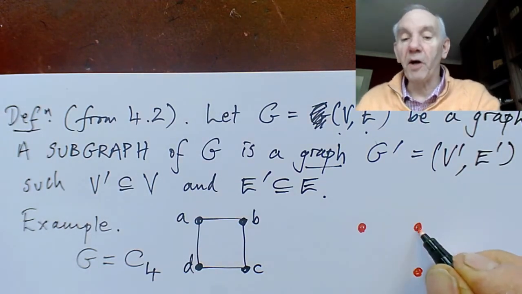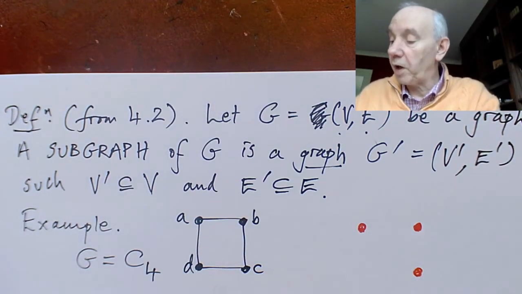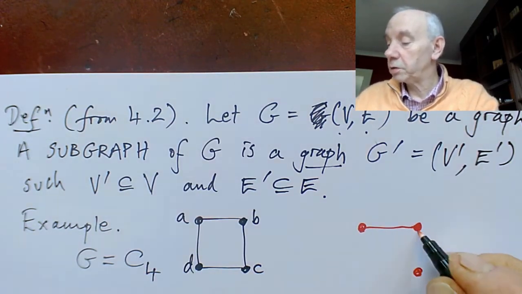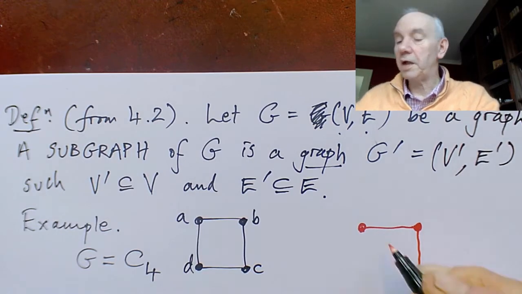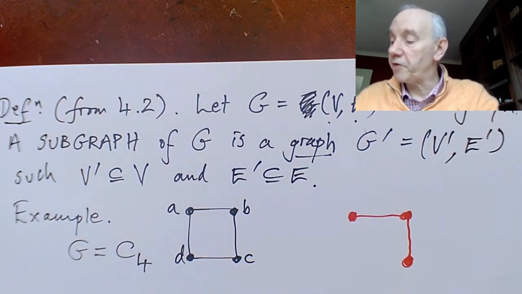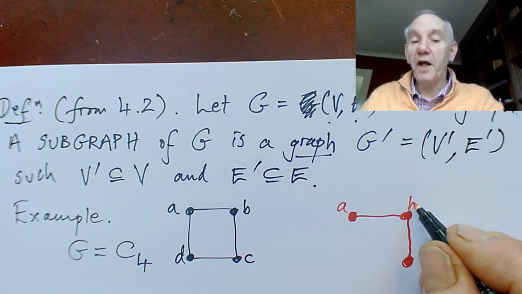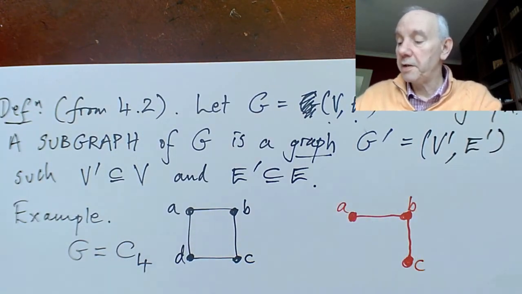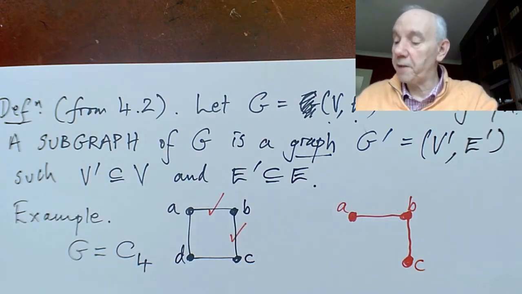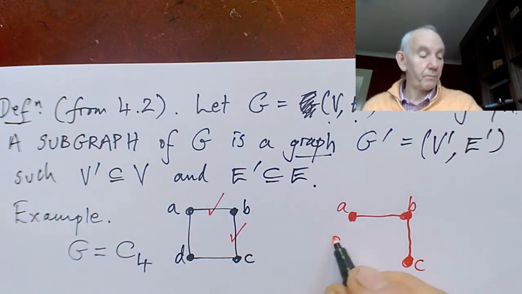I could stop there if I wanted to, have no edges, or I could have one edge, or I could have two edges. Okay, so let me take both edges there. So I've selected vertices A, B, C, and I've selected edge AB and edge BC to get my subgraph G primed.